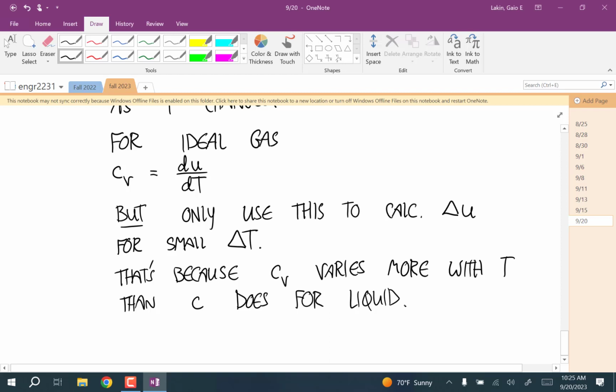Okay, so if, like on an assignment or a test, I give you a value for CV and I give you a small, a 4-degree temperature change, something like that, then you can use this relationship to calculate the change in internal energy, but don't do it over 100 degrees. Okay.